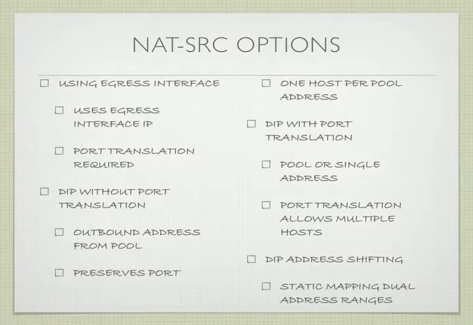You can then create a DIP pool that shifts the address, takes all the 10.10.10.0/29 addresses and shifts them to 208.79.13.0/29, whatever your carrier has assigned to you, and it just takes all those internal addresses and one-to-one maps them with an address shift to your public address space. You can do that in one fell swoop by creating the DIP that does address shifting.